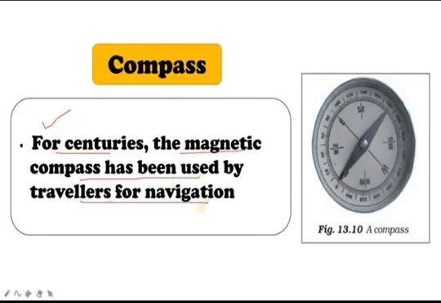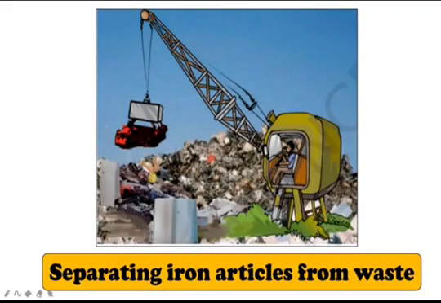For centuries, the magnetic compass has been used by travelers for navigation. In those days they used a compass to identify the location or where they wanted to move. Separating iron particles from waste is called magnetic separation. If any iron particles are present in waste, you can use magnetic separation.